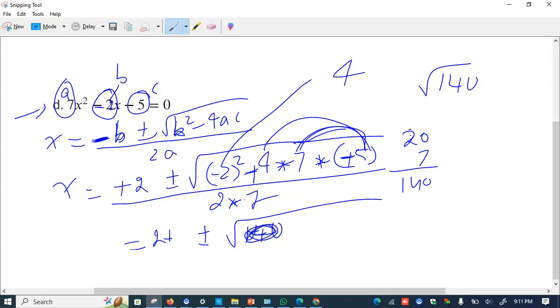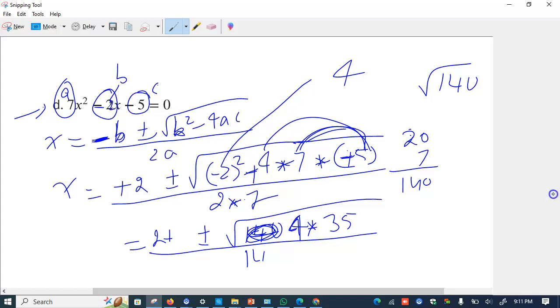Or we can also write it as 4 times 35 like this. This also is correct. And then 2 times 7 is 14. The 4, which you see here, we can separate, so you can separate the radical. What I'm saying is the square root of 4 times 35.